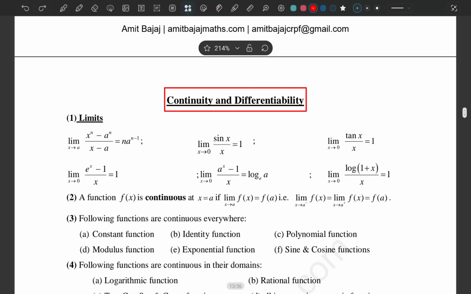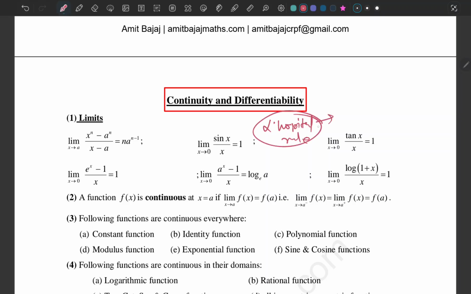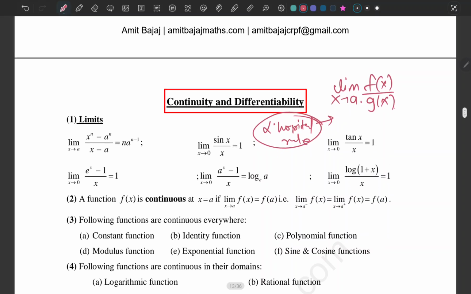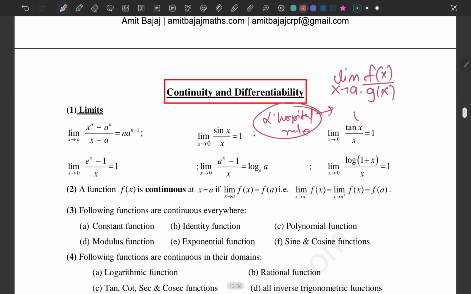These all things can be proven by using L'Hopital rule. What L'Hopital rule basically says is that the limit as x tends to a of f of x over g of x is equal to the limit as x tends to a of f dash x over g dash x.